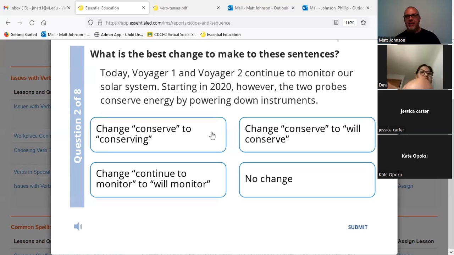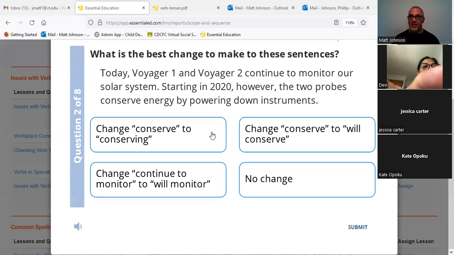So today, when this was actually written, Voyager 1 and Voyager 2 continue to monitor our solar system. This should tip you off, starting in 2020. So you can tell right away, okay, this is an action that has yet to occur. However, the two probes will conserve energy by powering down instruments.